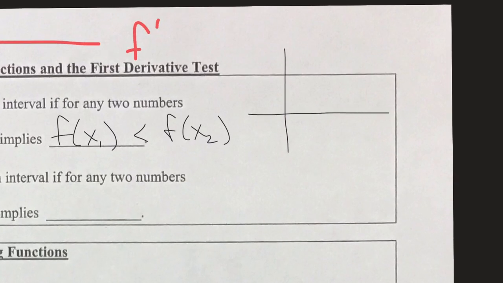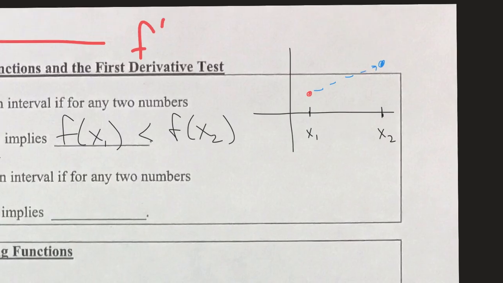So there's some value x1 that's less than some other value x2, like maybe 1 and 45. If our function is increasing, that means the y value that goes along with x1 is less than the y value that goes along with x2. That's all that this is saying in some serious math speak.